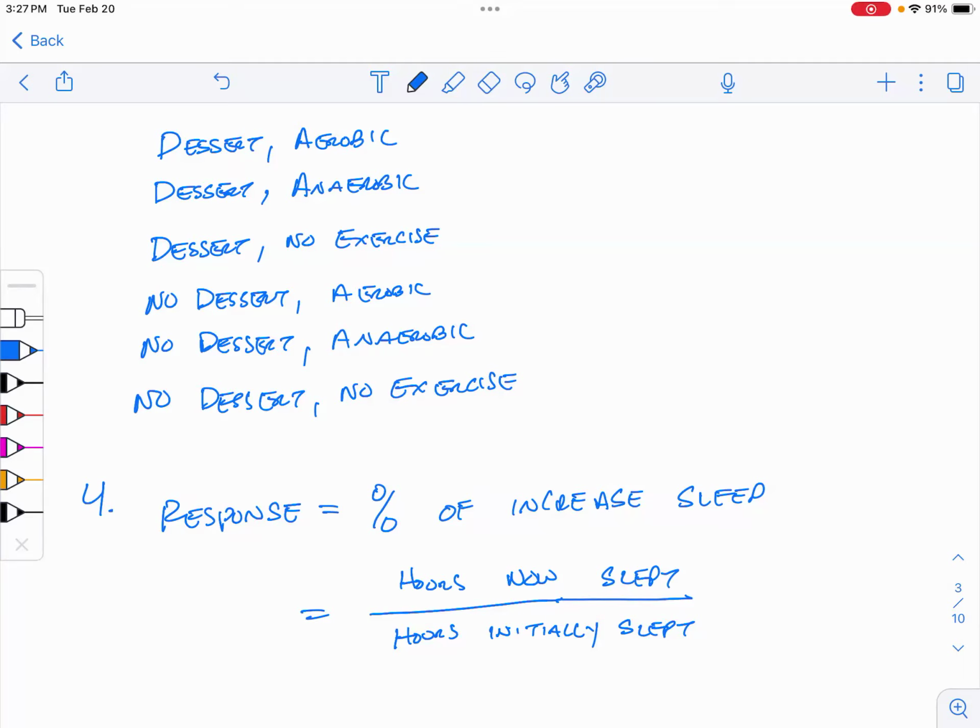So after the study is now. And so we can identify the percent of increased sleep, right? We have a quantitative variable. All right, I have a number I can count on each person.